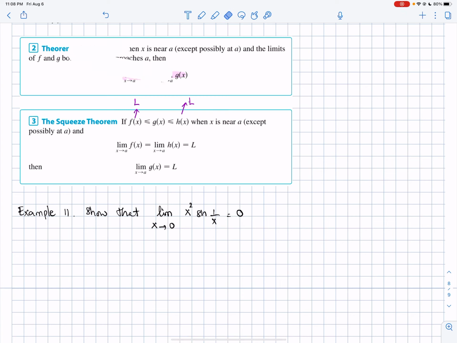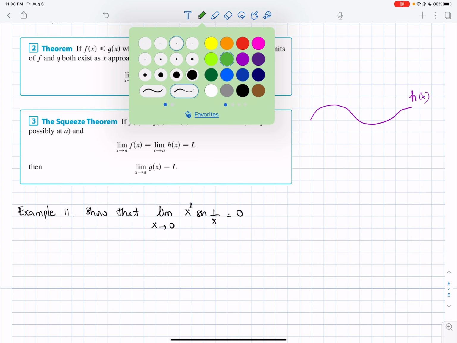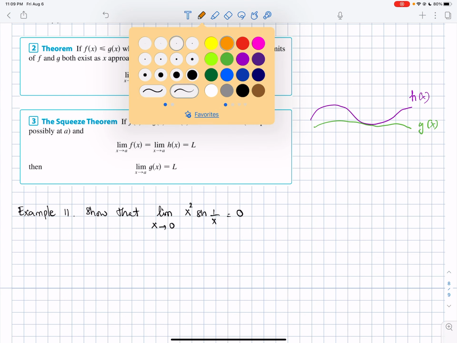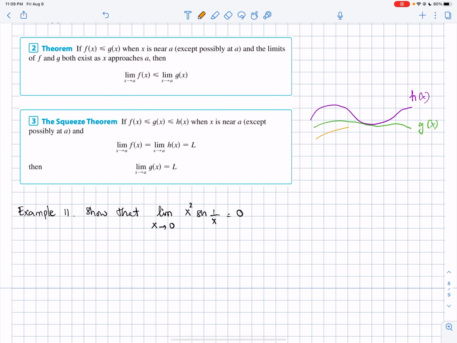Here is the picture for this. Assume that we have the function h is the biggest, on the top, so h of x. And then we have the function g of x in the middle, and the function f of x, which is the one below, is the lowest.